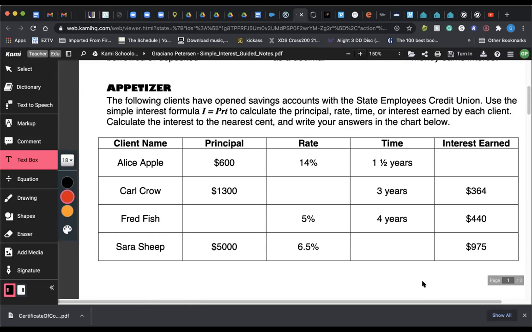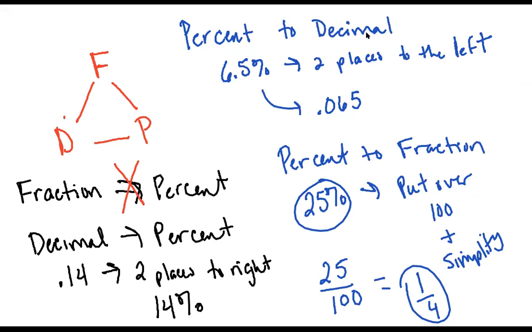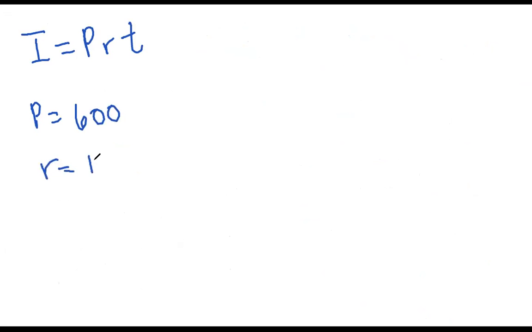So our formula again is interest is equal to P times R times T. Okay, the principal is $600. The rate is 14%, and the time is 1.5 years.